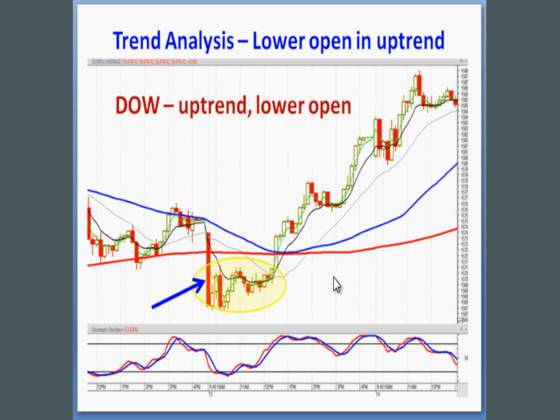If I see the market open up in the morning, and we know that the Dow's in an uptrend on a daily, and we see in the morning they sell it off, we want to know whether that's a sell-off, which normally occurs.